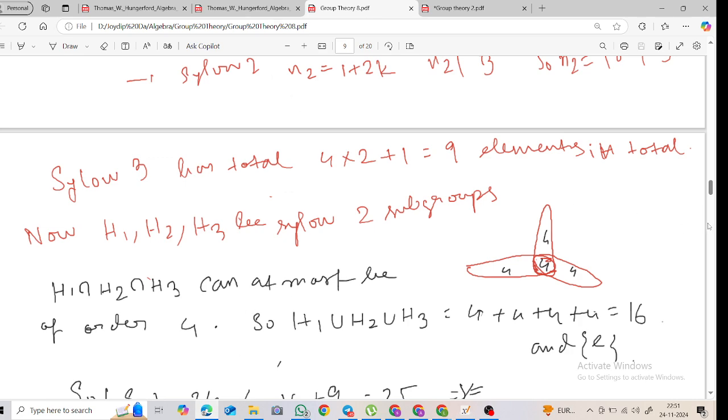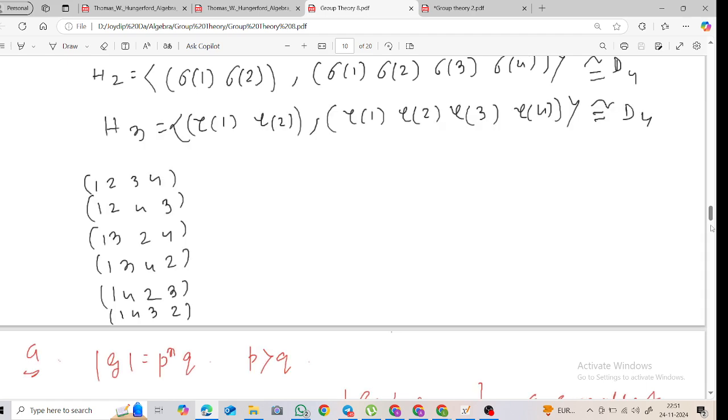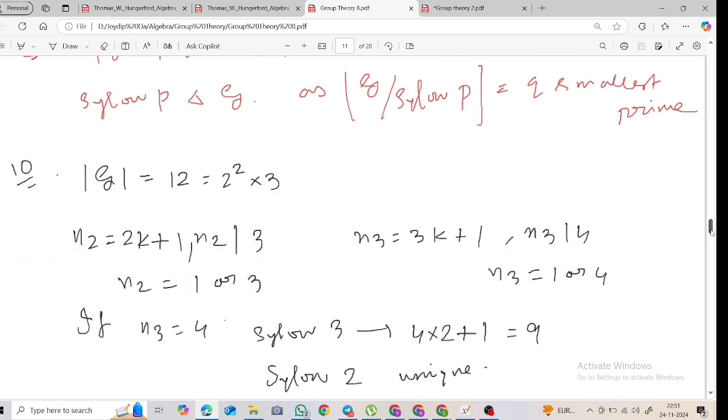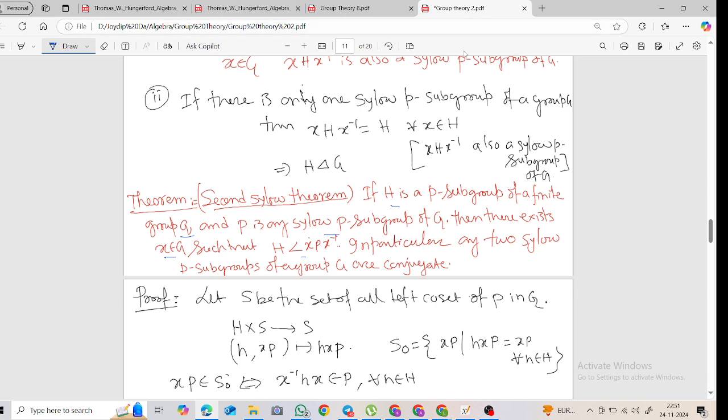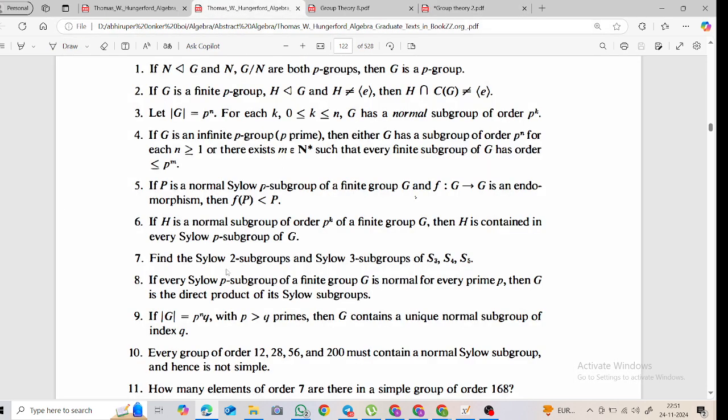What about the next problem? If every Sylow P subgroup of a finite group G is normal for every prime P, then G is the direct product of Sylow P subgroups.